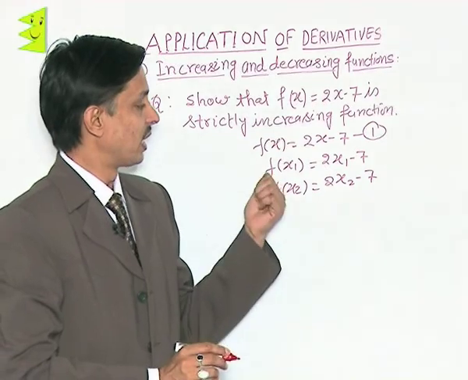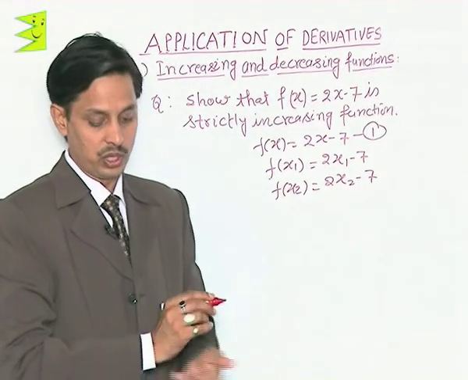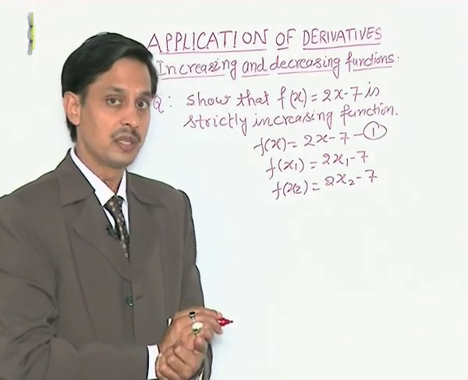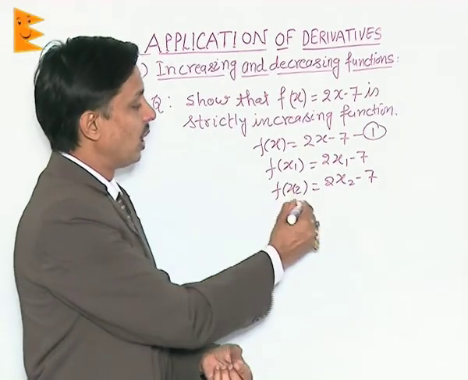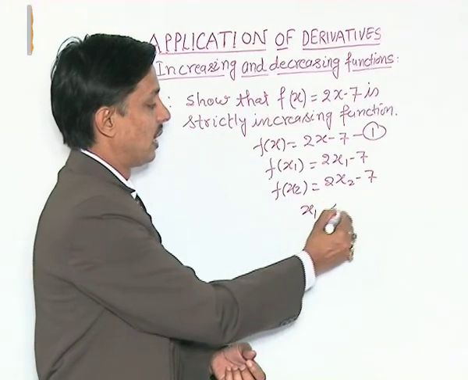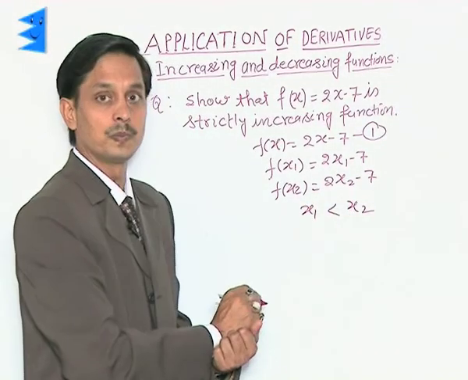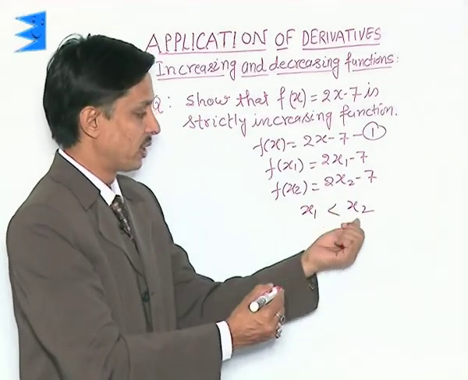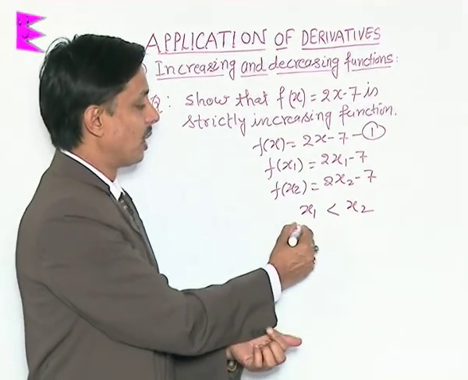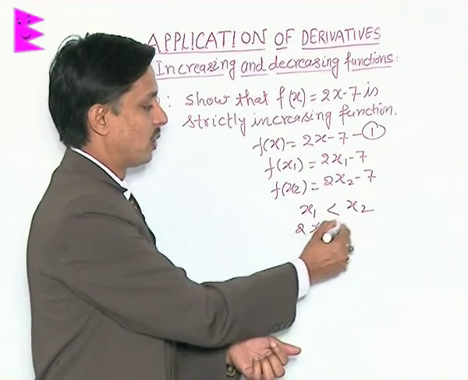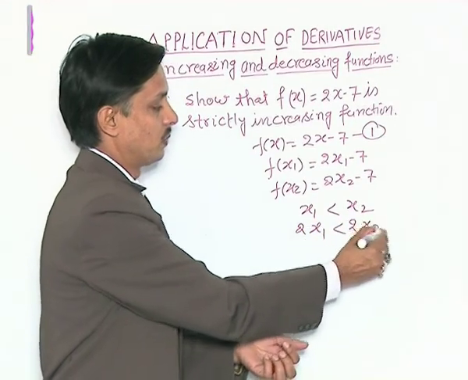We are finding that f(x1) is this, f(x2) is this. Assume that the value of x1 is less than the value of x2. Then if I multiply by 2, I will find 2x1 is less than 2x2.